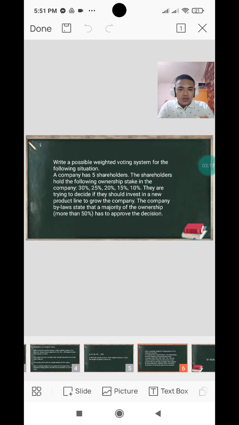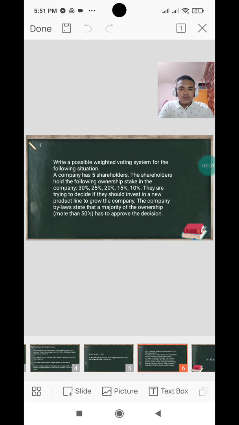Write a possible weighted voting system for the following situation. Example: a company has 5 shareholders. The shareholders hold the following ownership stake in the company: 30%, 25%, 20%, 15%, 10%. They are trying to decide if they should invest in a new product line to grow the company.